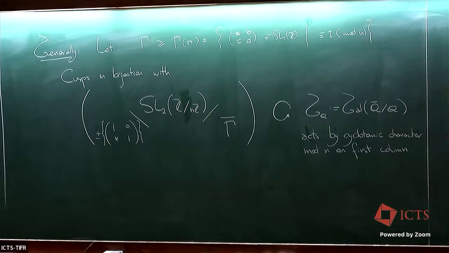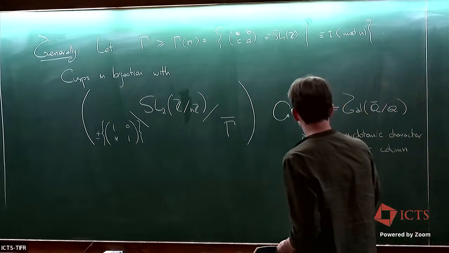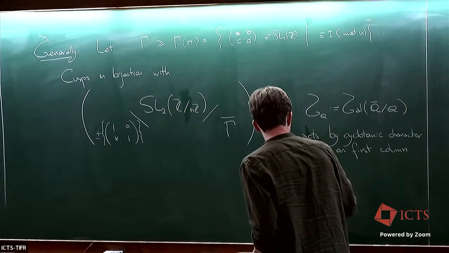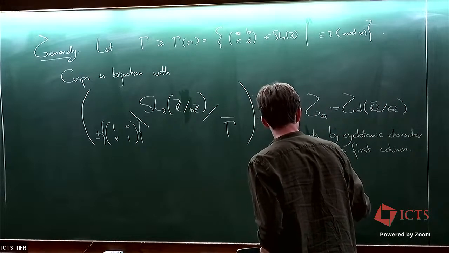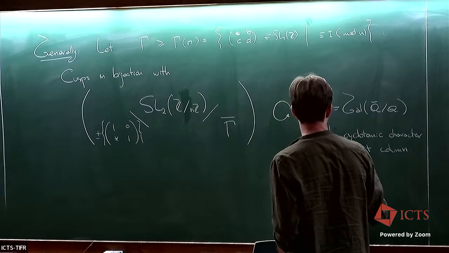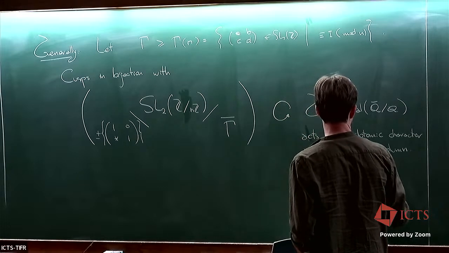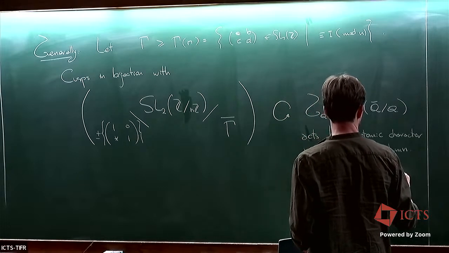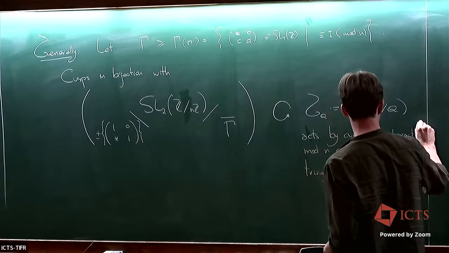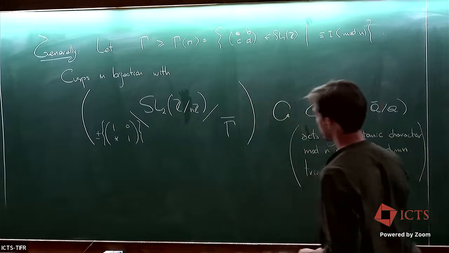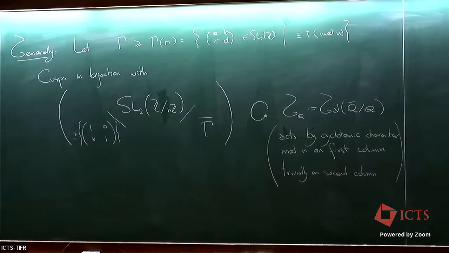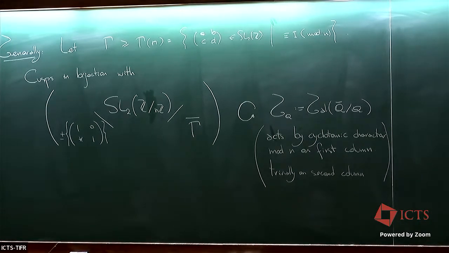That scalar that comes out on the root of unity is what I'm going to multiply by. And on the second column, it's going to just act trivially. That's what the action of Galois comes out to. Okay, so this is the general picture.